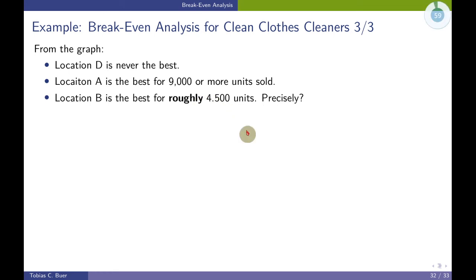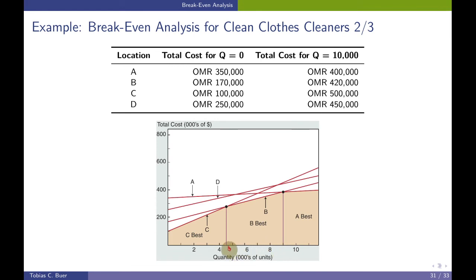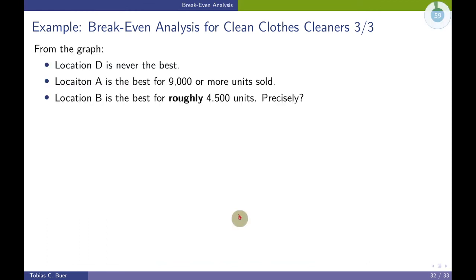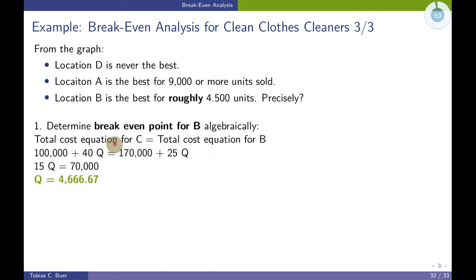So how can we now calculate the exact point when location B is better than location C? What is the exact quantity where B is superior to C? We need to calculate the intersection of the straight line of C with the straight line of B. So the total cost of location C, 100,000 plus 40Q, equals the total cost of location B, 170,000 plus 25Q.